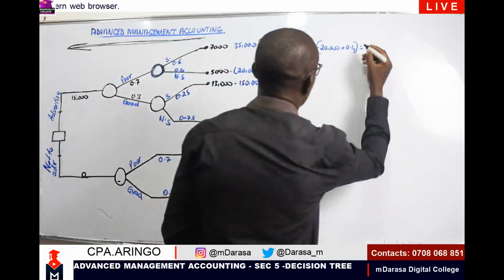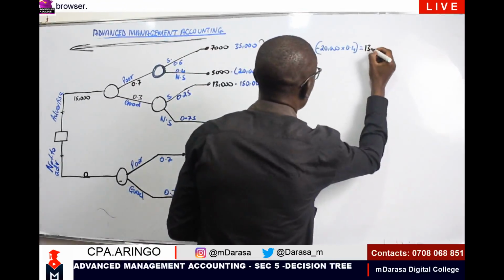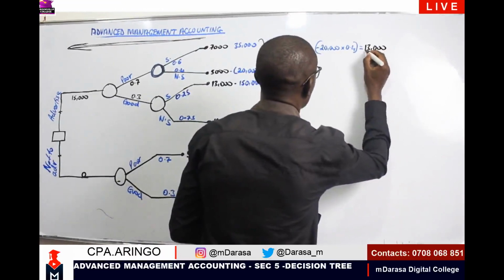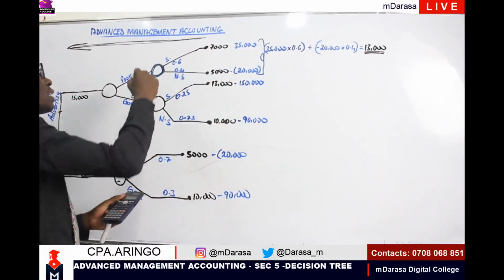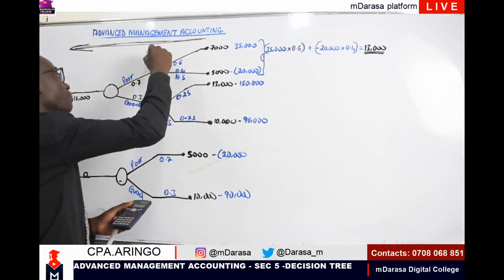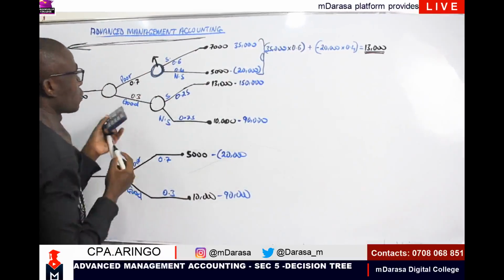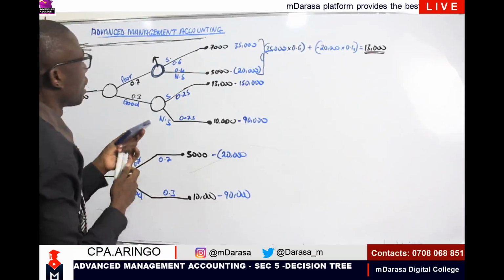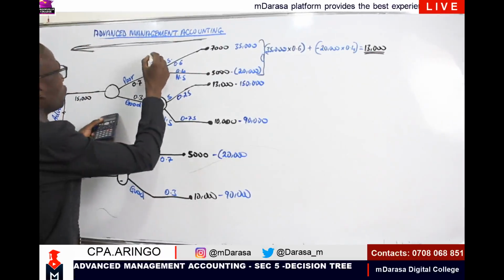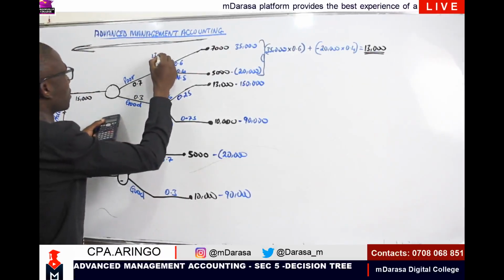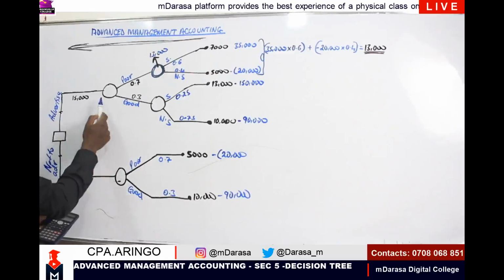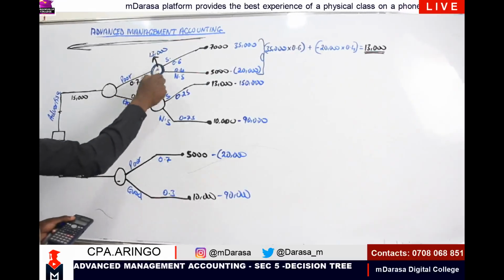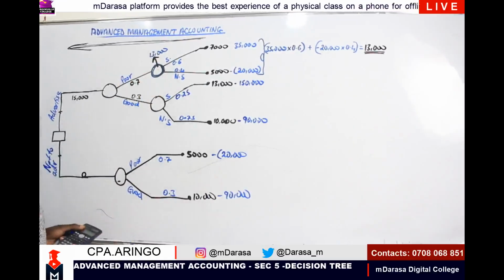So I'm getting 13,000 there, right? If I have advertised and my weather is poor, the expected revenue that I can have is 13,000.